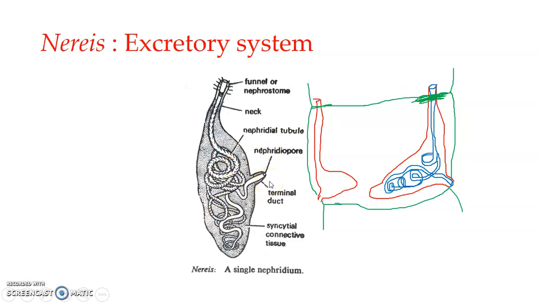The nitrogenous waste collected is mainly ammonia. The ciliated funnels of nephridia opening into the coelom also remove dead or dying coelomic corpuscles which have eaten up or been destroyed by foreign bodies such as bacteria, as part of the defensive mechanism of the body.